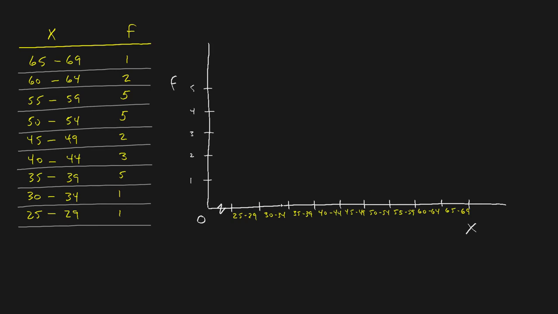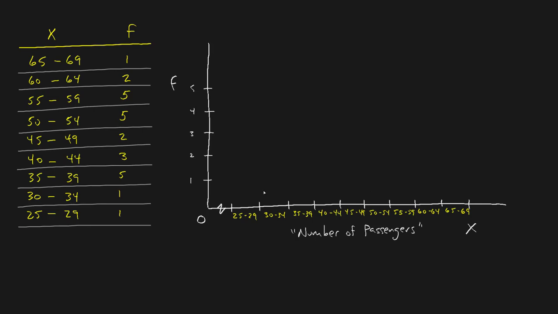Okay, so what I do now that I've got my axes labeled, so I've got X here, you could also label this as the number of passengers. That's what we were keeping track of. Frequencies, you could write out the word frequency, but F is good enough.